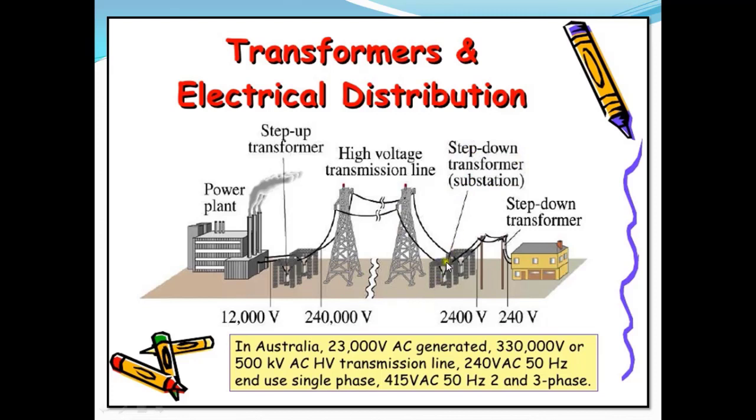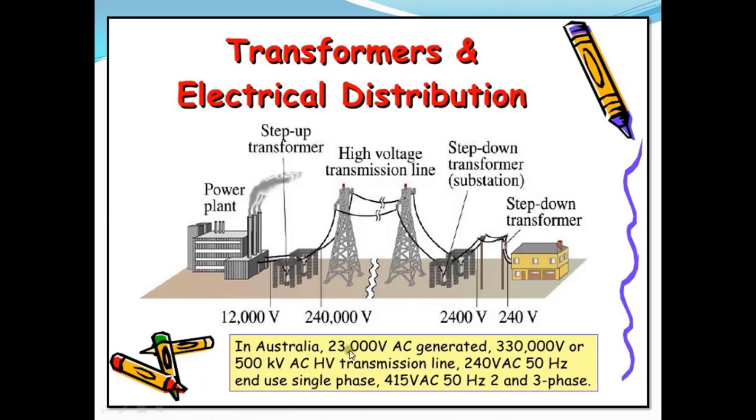So from high voltage to low voltage it is transferred here, and a step down transformer is used again, and then we use it in our house, that is the electricity we use in our house, 240 volt.